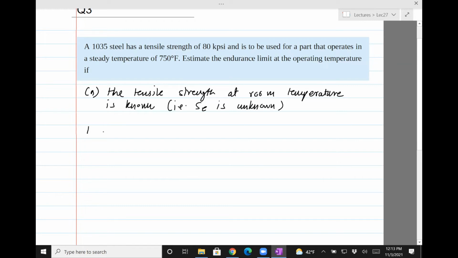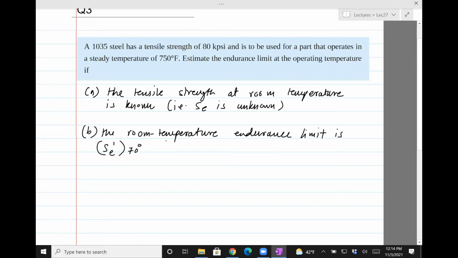And then B, the room temperature endurance limit is, now it's SE prime, at, so the room temperature here is taken to be 70 degrees Fahrenheit, is 39 kpsi.